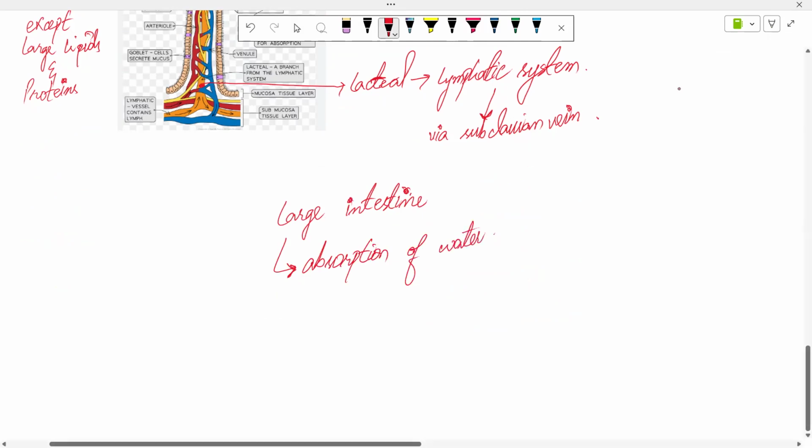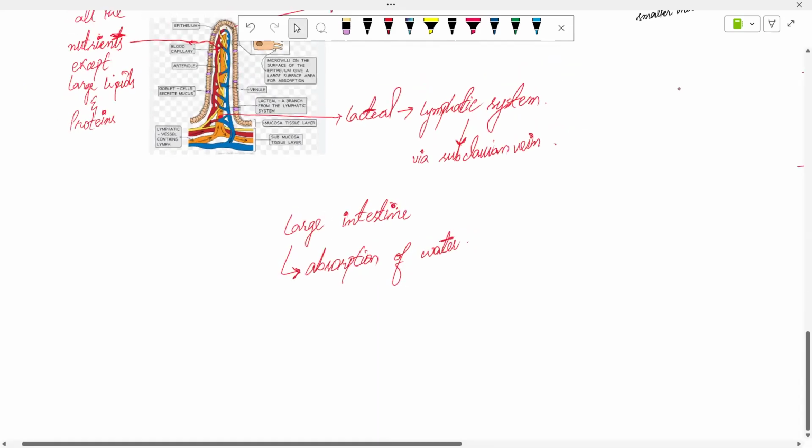After the absorption in the ileum, now the waste substances are present in the large intestine, and now this waste can be regarded as feces. From the feces, water will be absorbed in the rectum, and then this will be expelled out of the body through anus.